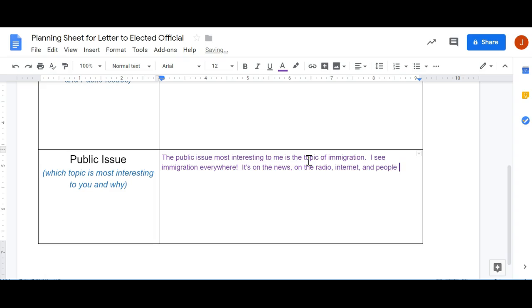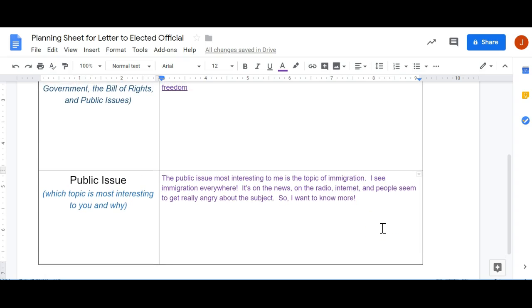And people seem to get really angry about the subject. So I want to know more. Okay, that hopefully gives you an idea of what to put in this section and how to write the why.